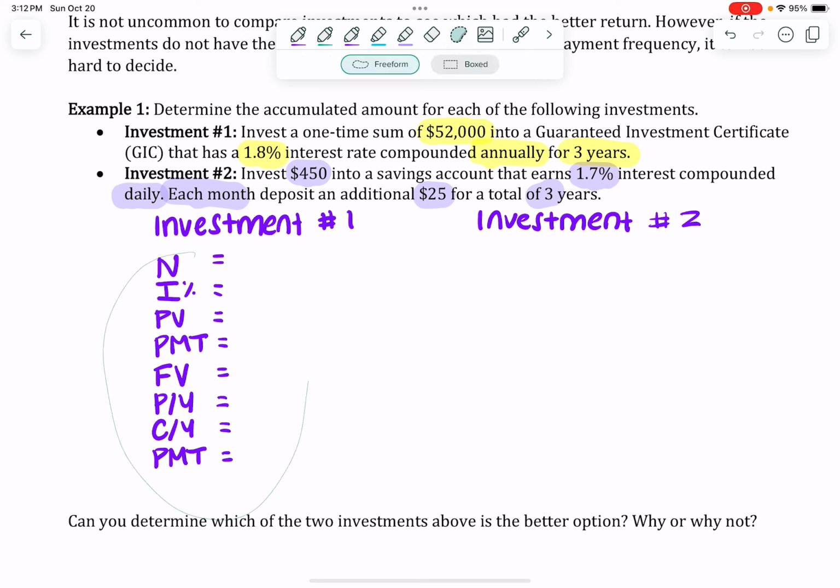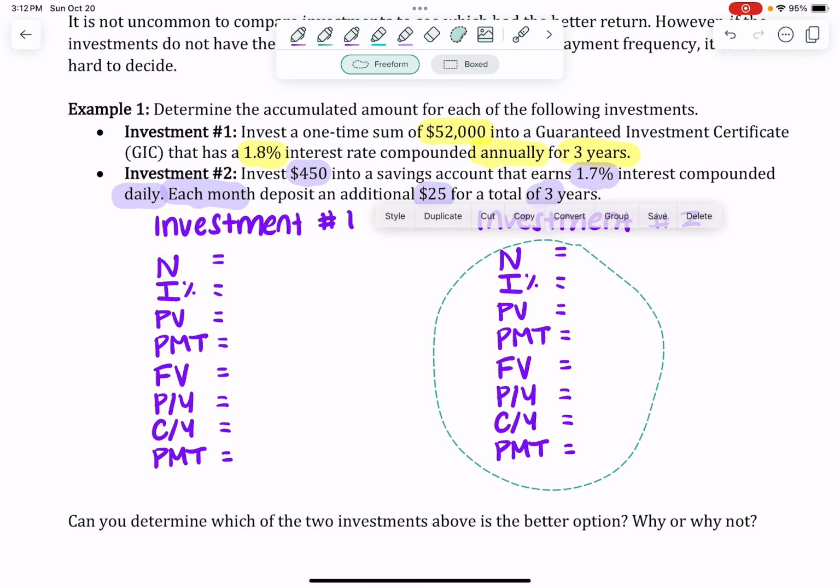Now I want you to take a minute and try and plug in all of the values from the question into my TVM inputs. Okay, so pause the video, try it out, go.